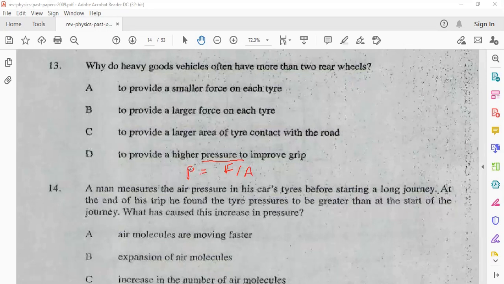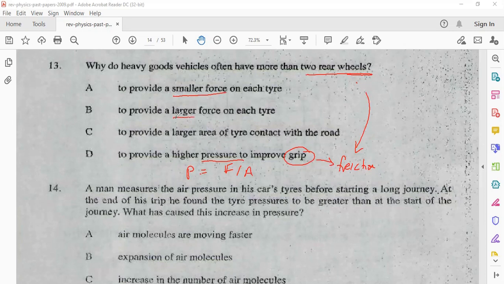Grip has nothing to do with pressure. It has more to do with the amount of friction between the tires and the ground. So having more rear wheels is not going to do anything to that if we don't change any other variable.